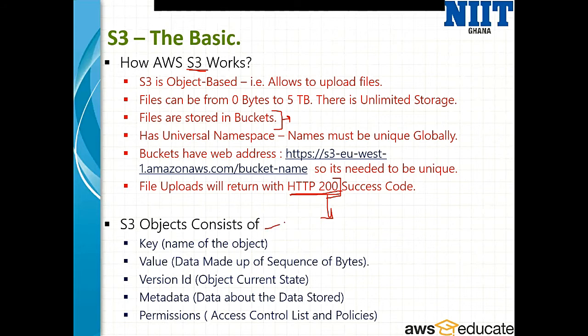The benefits you receive from it: the data that is stored has a key, which is the name of the object. The value is the data in the object. So if you are storing an image, the image has a name, and the number of bytes that make up that image is your value. Then there is the version ID. Versioning means we have something like a version control system.